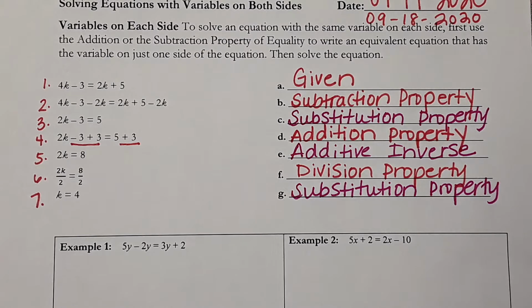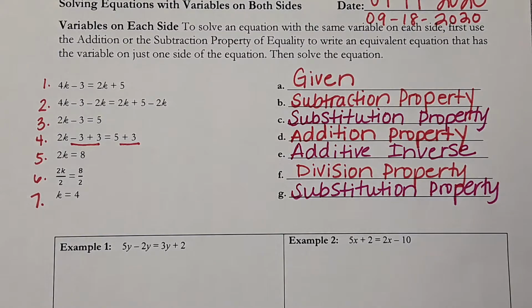I don't care if it's positive or negative. The other thing that you need to know is that you should always move your variable first, because if you move your variable first, you're going to get to the two-step equation that looks like number 6 on the board.